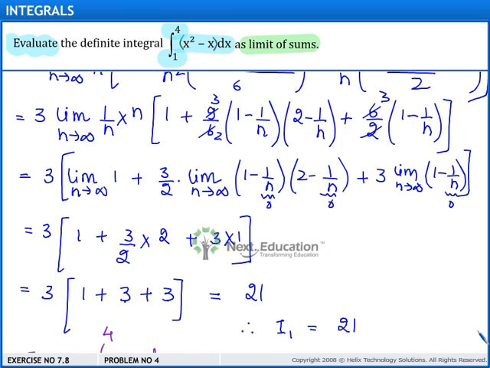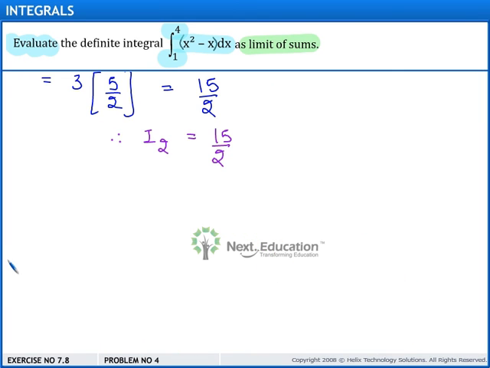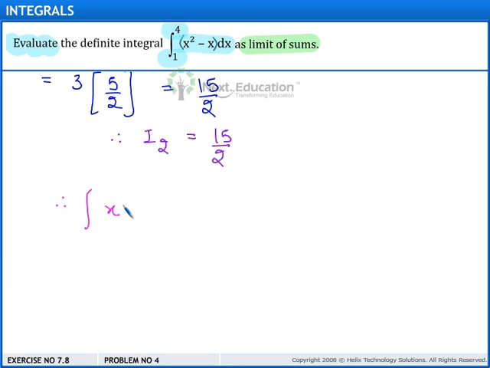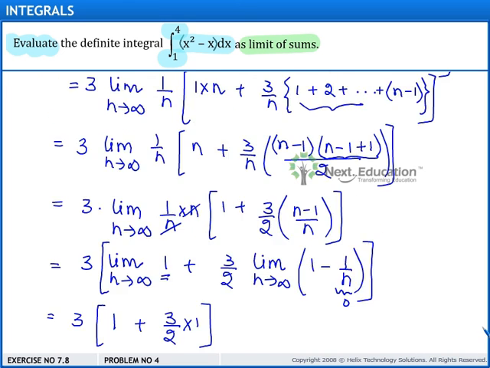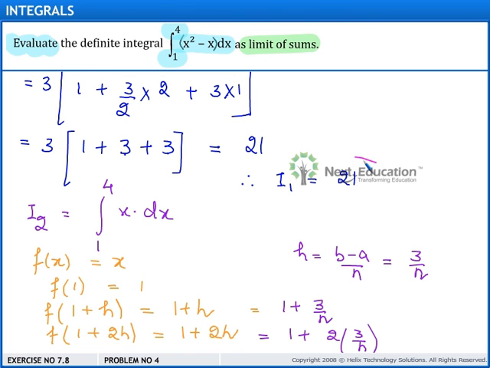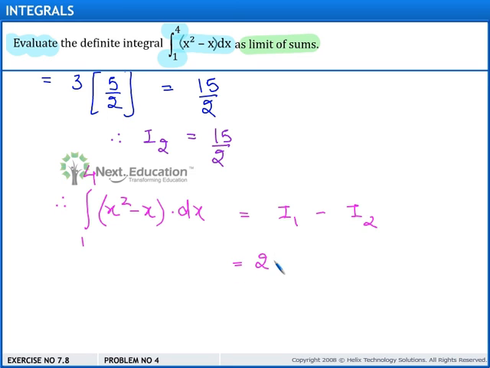Now, the given integral is equal to I1 minus I2. Therefore, integral of x square minus x into dx from 1 to 4 is equal to I1 minus I2, and the value of integral I1 is 21 and the value of integral I2 is 15 upon 2.